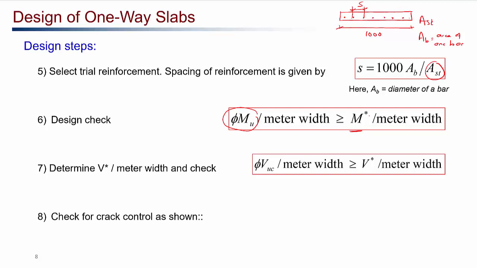For that, we find the maximum shear forces on the slab using the coefficient method as shown before, at both the supports and the midspan. Then we find the shear capacity contribution from the concrete per meter width and make sure that it is greater than the shear force at the supports and the midspan.